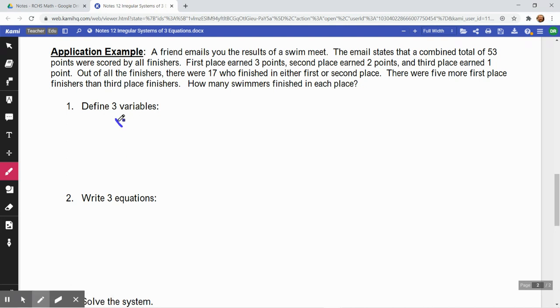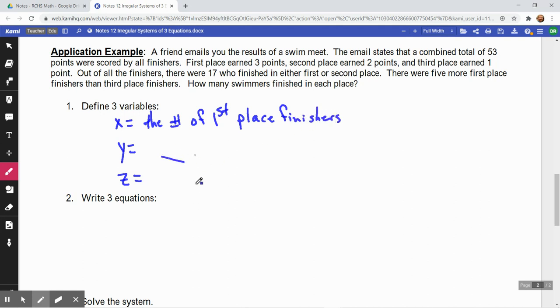So here, I'll start off with x equals and y equals and z equals. And let's just go in order here. x will be the number of first place finishers. And y will be the number of second place finishers.